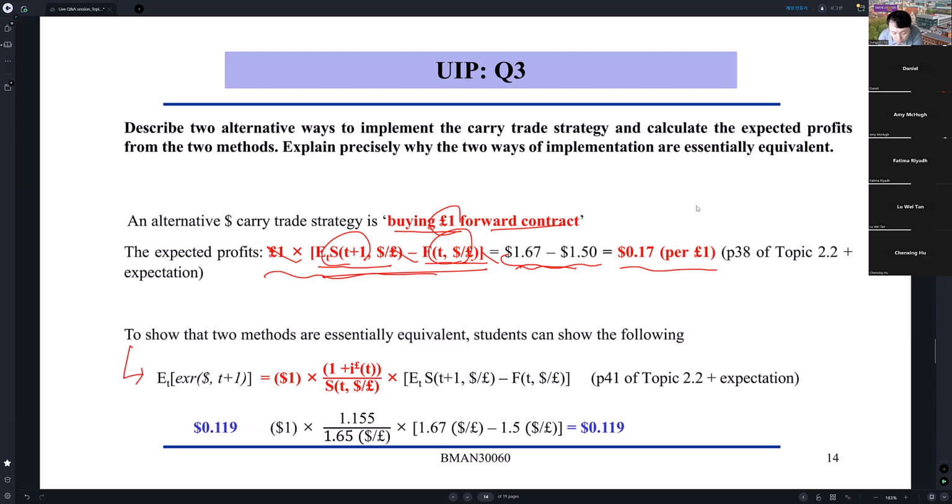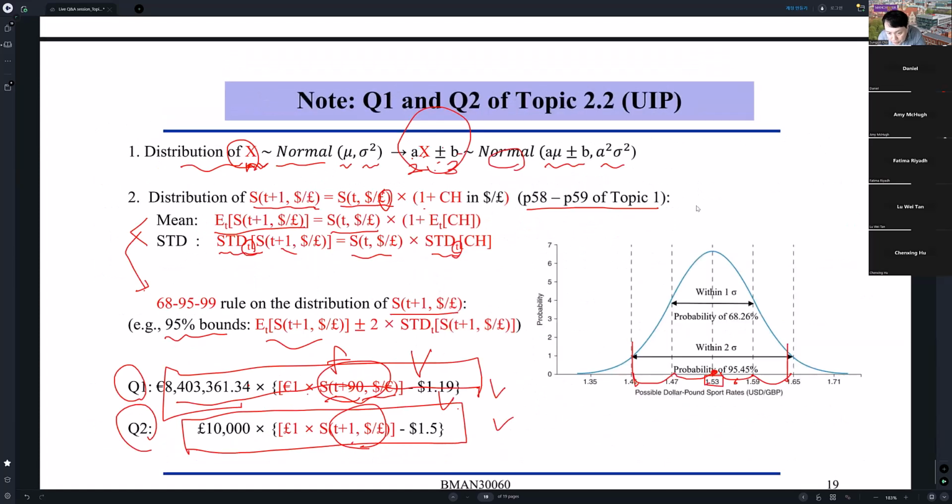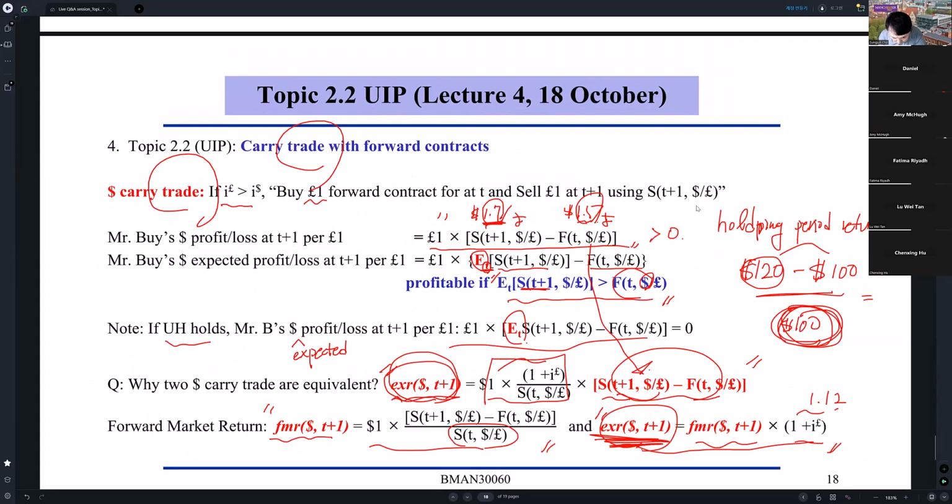So on page 41, I already reviewed this one in the beginning, right? We derived this relationship: the excess return from borrowing dollar, converting, and investing into the pound money market is equal to this number times the expected profit from implementing dollar carry trade by buying pound forward, right?